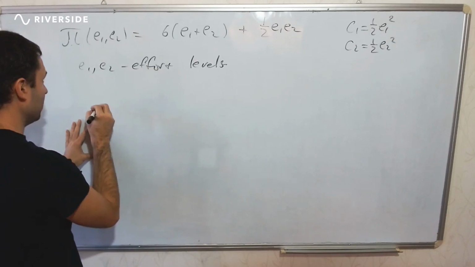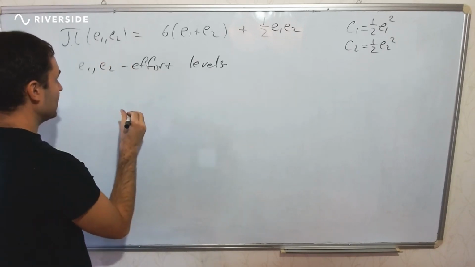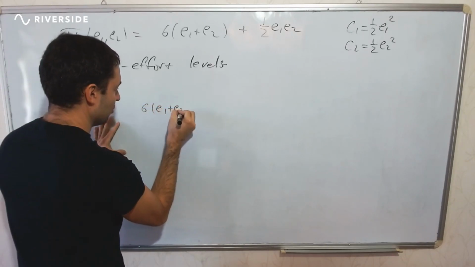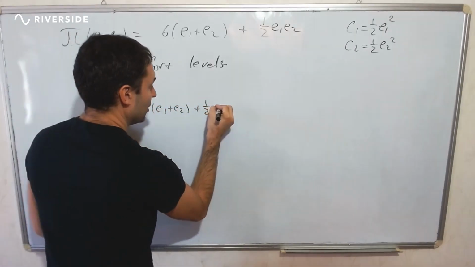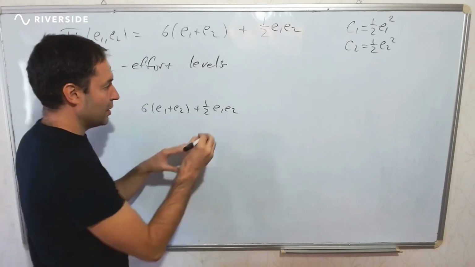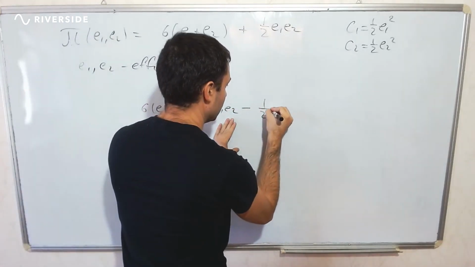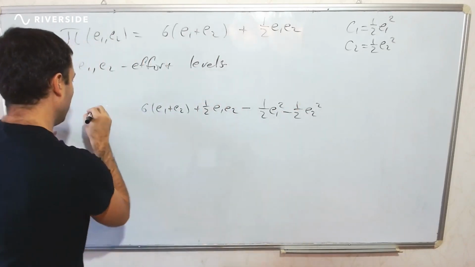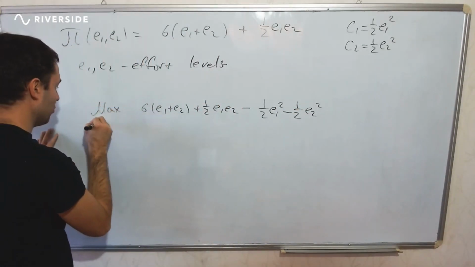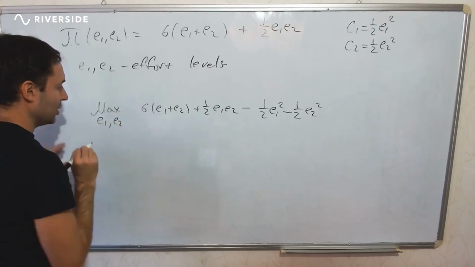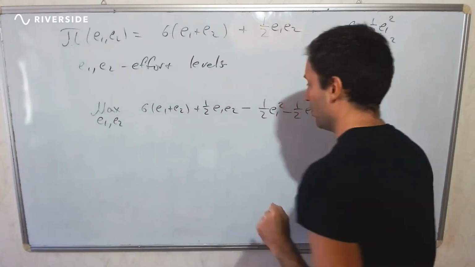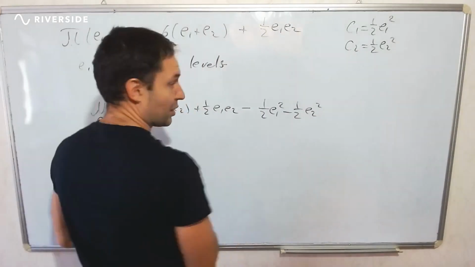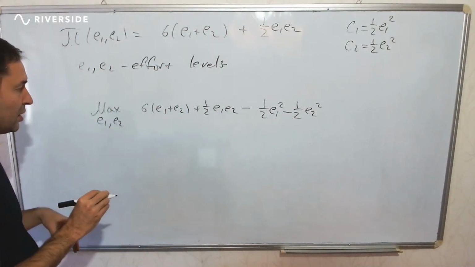Well, the problem is quite easy. We just maximize the total profit: 6(E1 + E2) + 1/2 E1 E2 minus the total cost of effort. And we want to maximize it with respect to E1 and E2 at the same time. That's what will be different from when the agents start acting in their own interests.